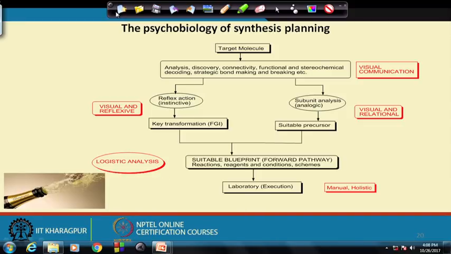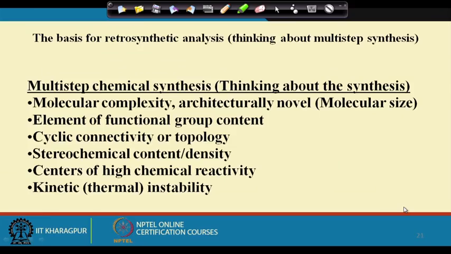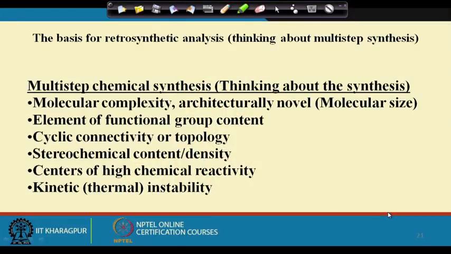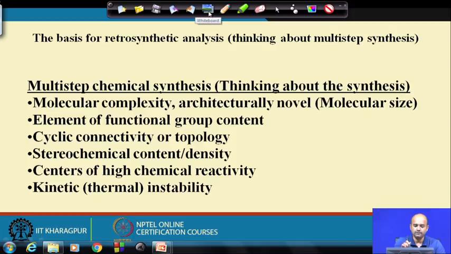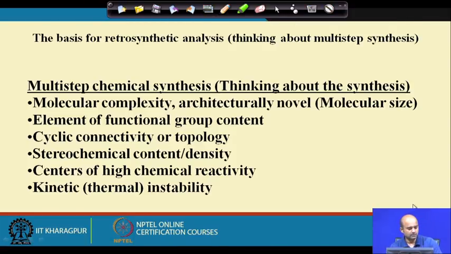So, these things we will be trying to figure out in our next sessions. So, once you see a target molecule, as I say, you have to basically look into 6 different points. What are those points? I have classified those points here: 1, 2, 3, 4, 5, 6. At the very beginning, we will always look for, as I said, molecular complexity. Now, go back to that slide where you can find it.